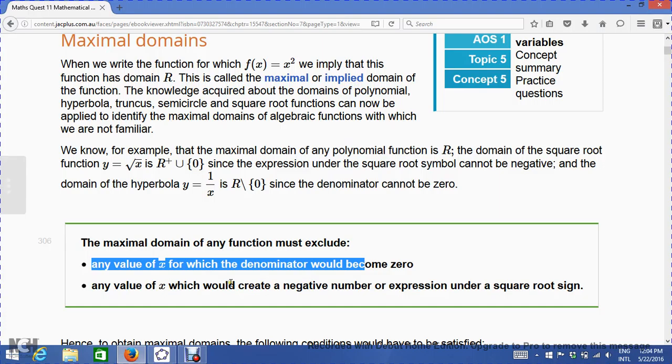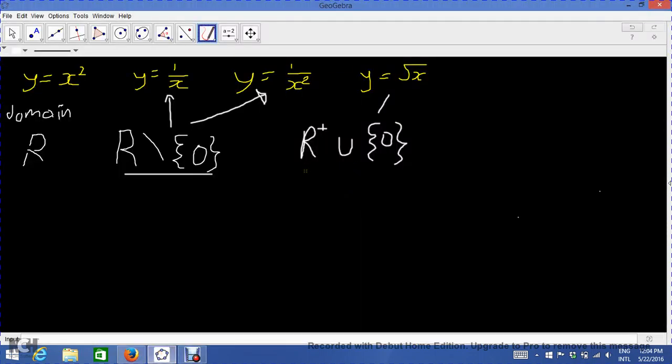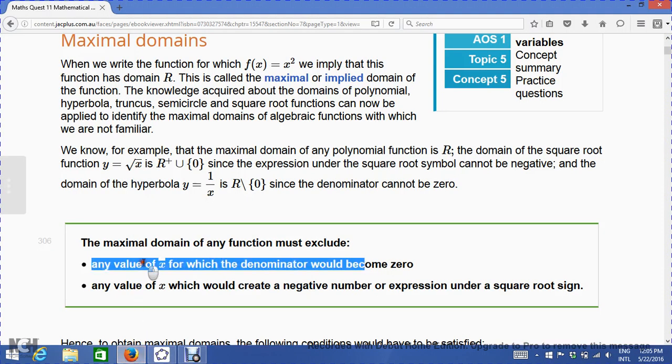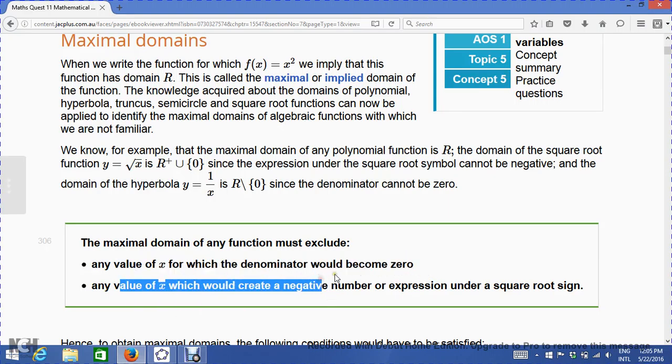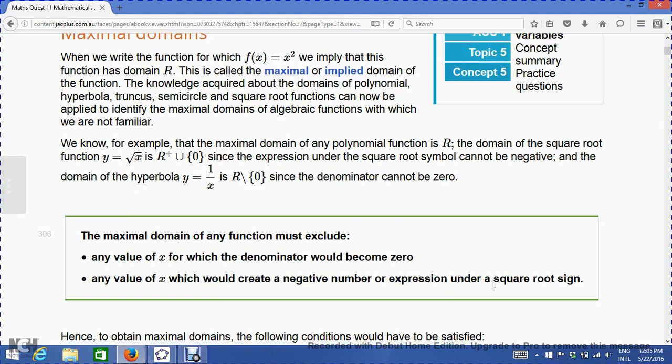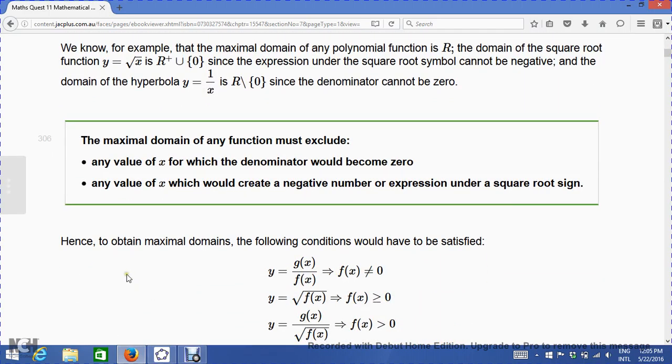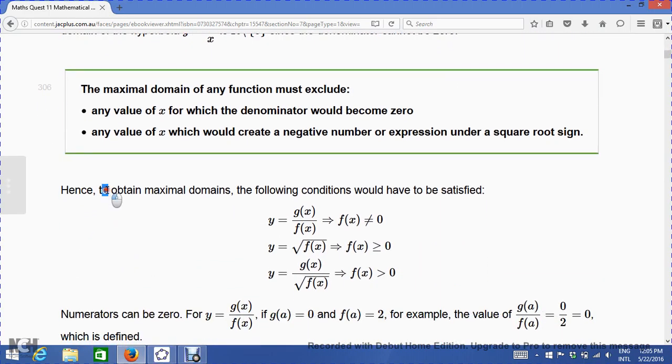And any value of x which would create a negative number or expression under a square root sign, and that was this part here. So we had to have all positive numbers or 0. So two situations: the denominator becomes 0, or we get a negative number in the expression.